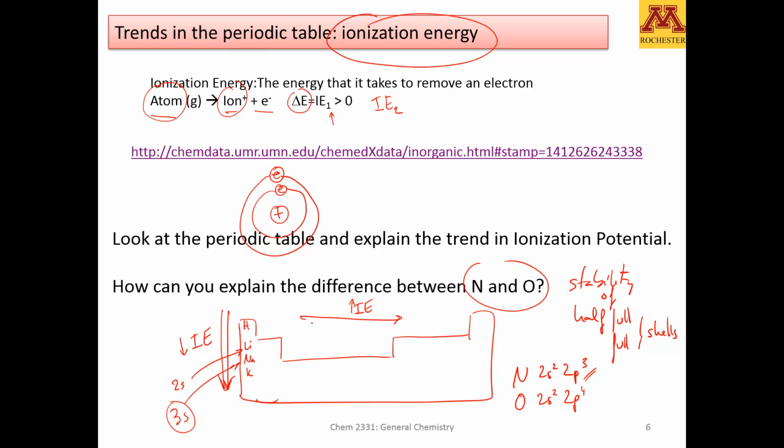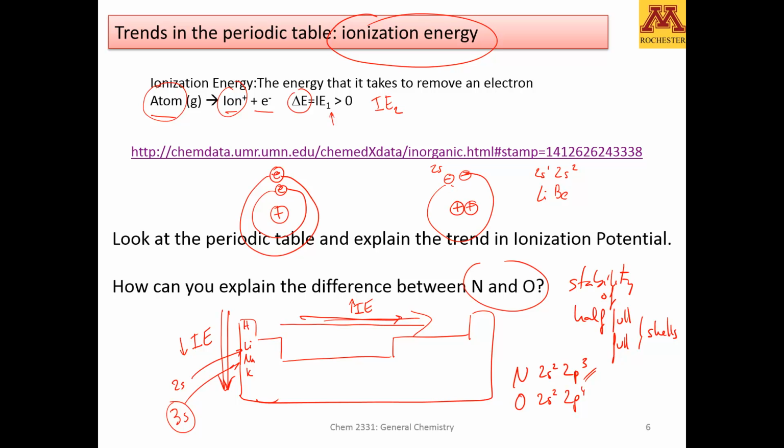Conversely, why is it that as you go from left to right, the ionization energy increases? Well, think about that as you have one nucleus, and let's say from lithium to beryllium, for lithium 2s1, 2s2 for beryllium. If you go to beryllium, you're adding another charge, and the electron is still there.